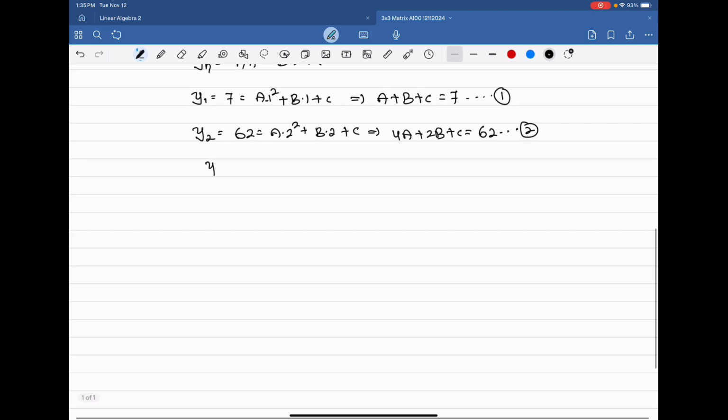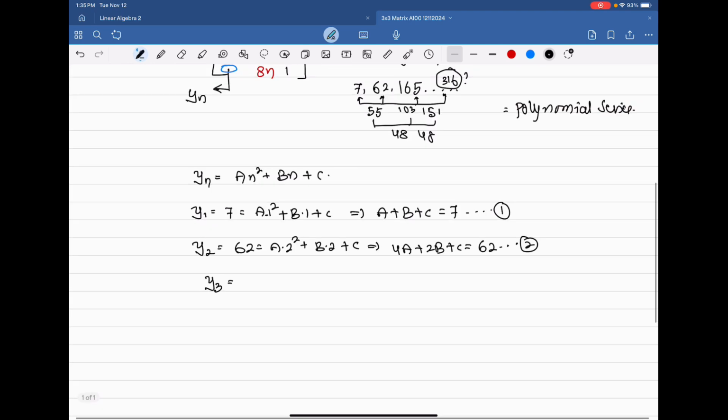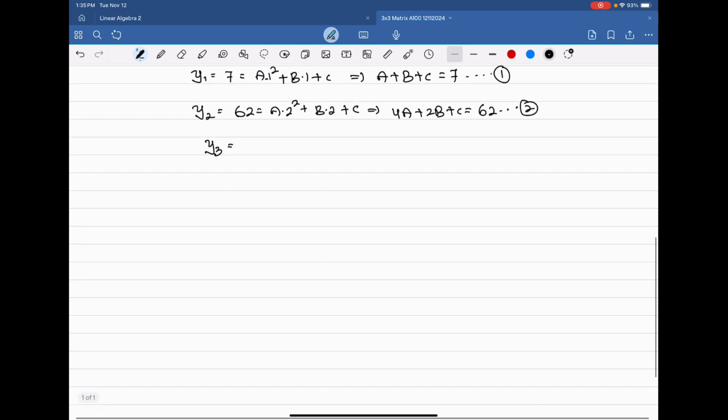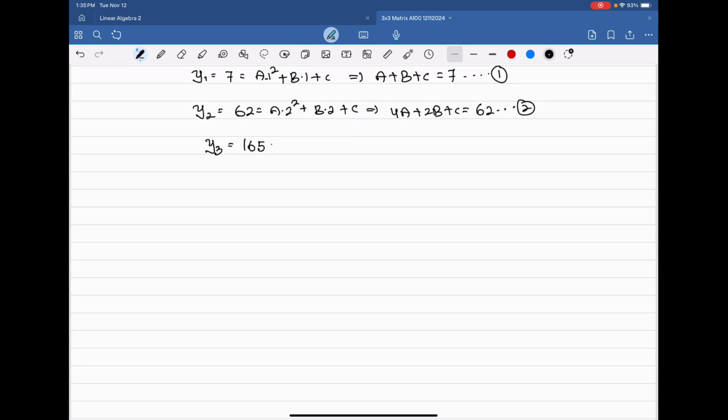Then what is y3? y3 is equal to 165. 165 is equal to a into 3 square plus b into 3 plus c. That implies 9a plus 3b plus c is equal to 165. There are three equations and three unknowns. These simultaneous equations are solvable for a, b, c.